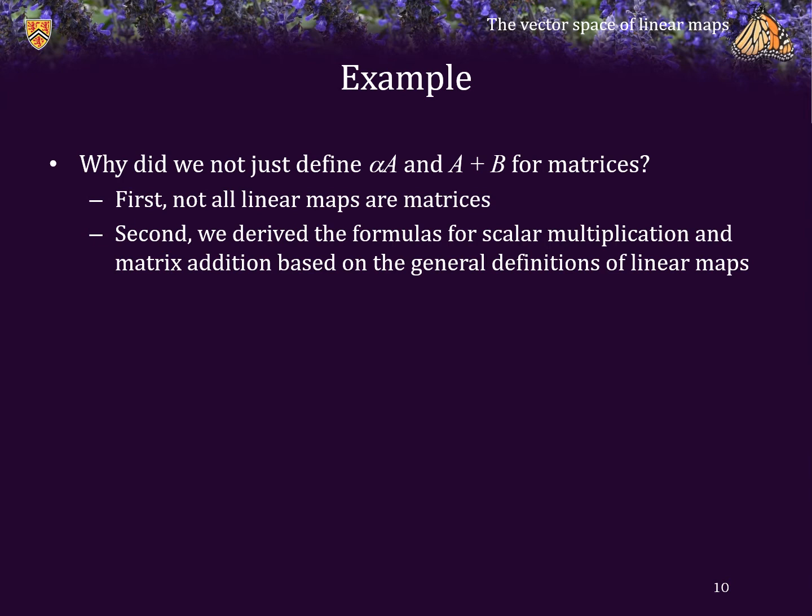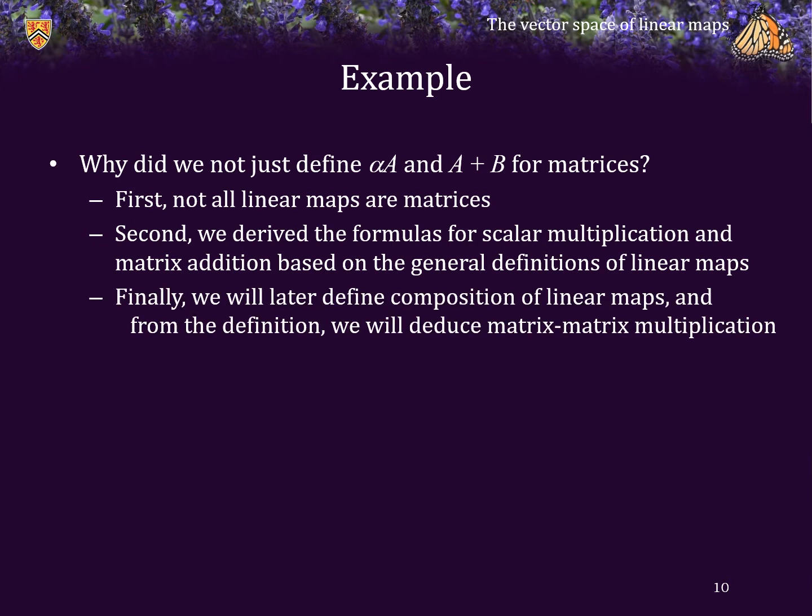So we derived the scalar multiplication of a scalar and a matrix and the sum of two matrices based on the definitions from linear maps. This is very important because in the next topic we're going to define composition of linear maps, and this is actually going to define matrix-matrix multiplication.